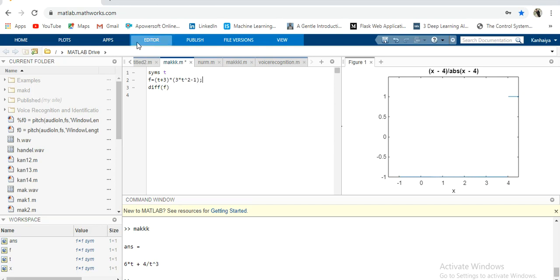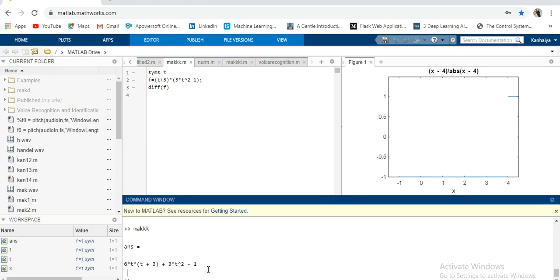Now run. Look, this is the answer. If you solve it manually, the same answer will be there. Okay, 60 into t plus 3 and plus 3t square minus 1.